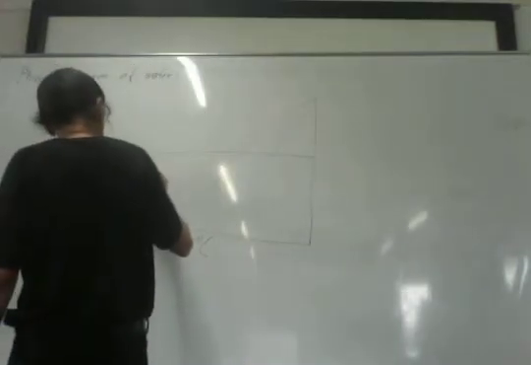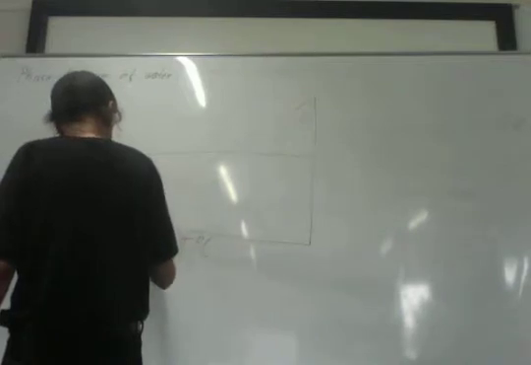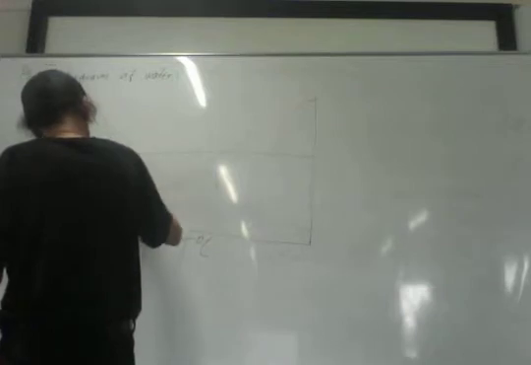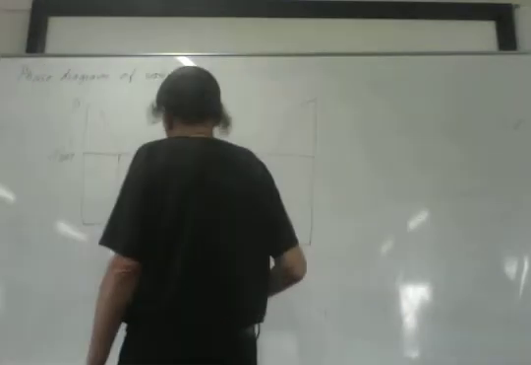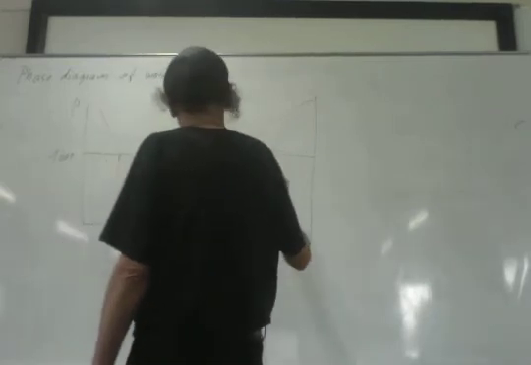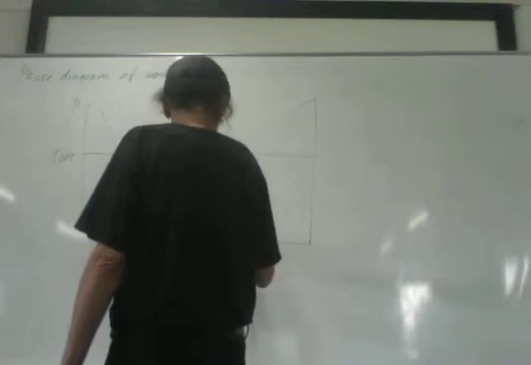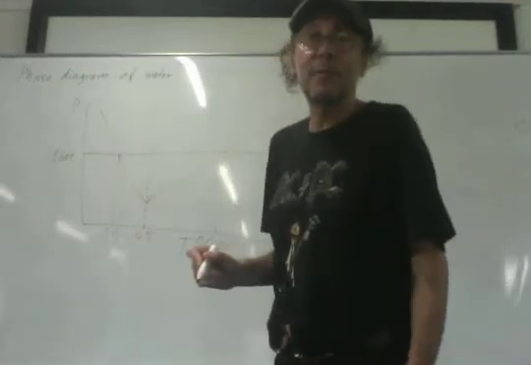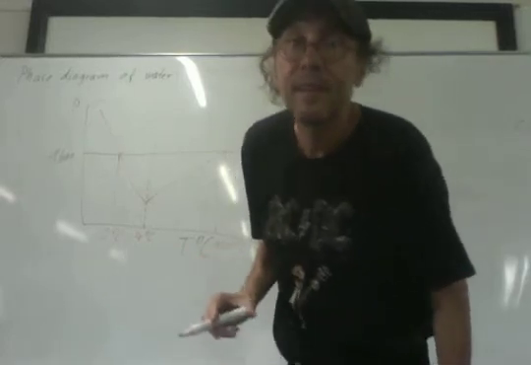Then we have here the anomaly of water that is at 4 degrees Celsius. Here we have 0 degrees, that is the freezing point. And then here 100 degrees Celsius, where we are producing vapor.